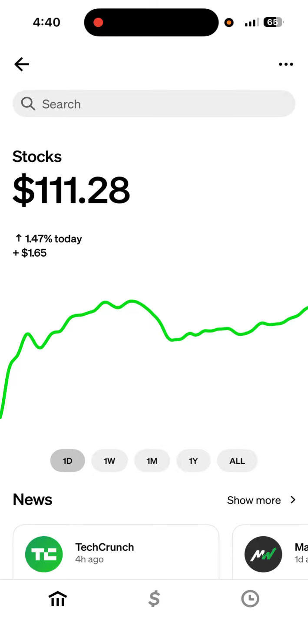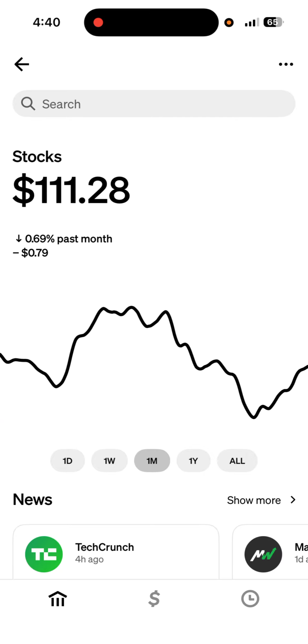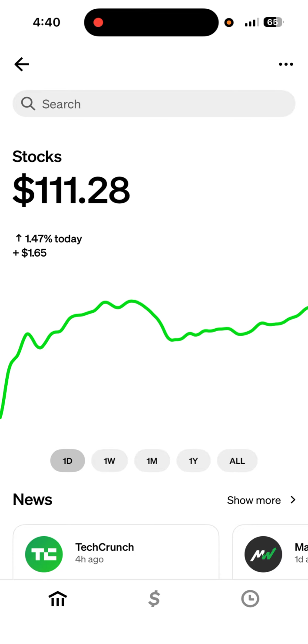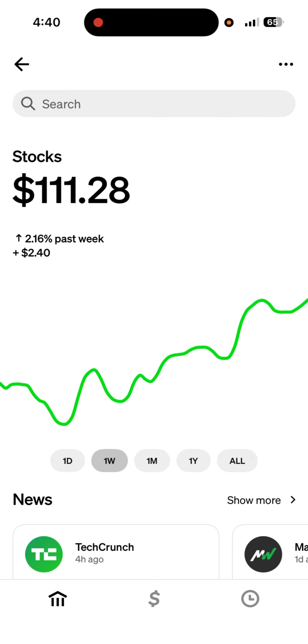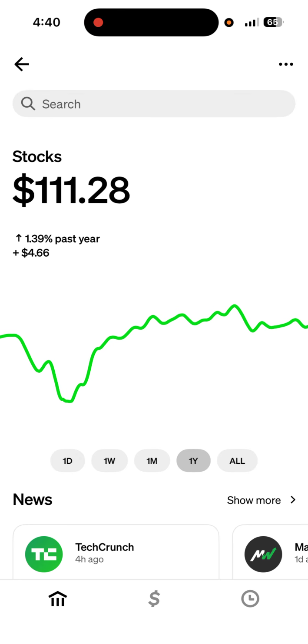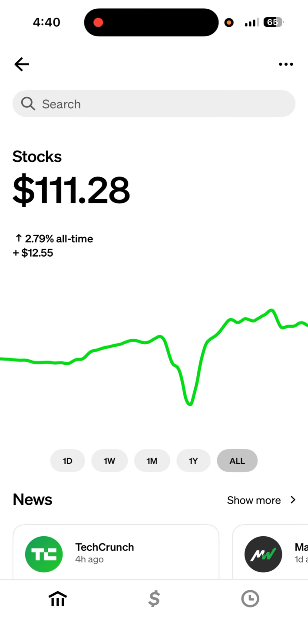At the bottom, it shows 1D, 1W, 1M, 1Y, and all. 1D, that stands for 1 day. 1W, that's 1 week. 1M is 1 month. 1Y is 1 year. And all is basically your all-time returns.